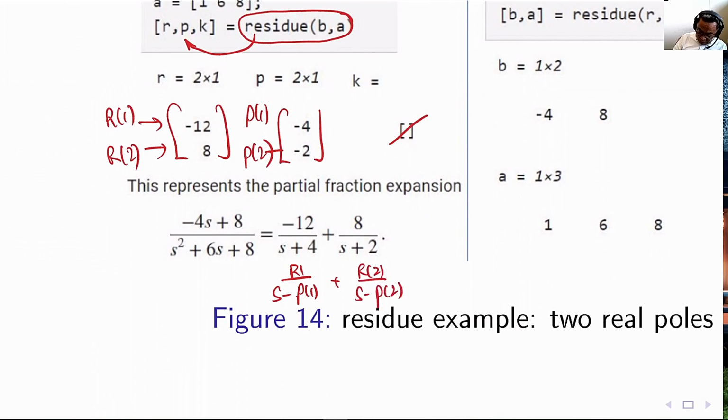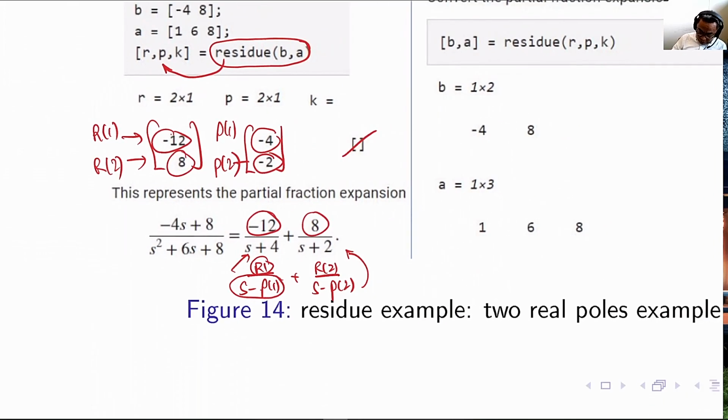You plug this in, you can see that P1 is minus 4, so minus minus 4 becomes S plus 4. P2 is minus 2, so S minus P2 becomes S plus 2. R1 is minus 12, that's correct, and R2 is 8, that's correct.